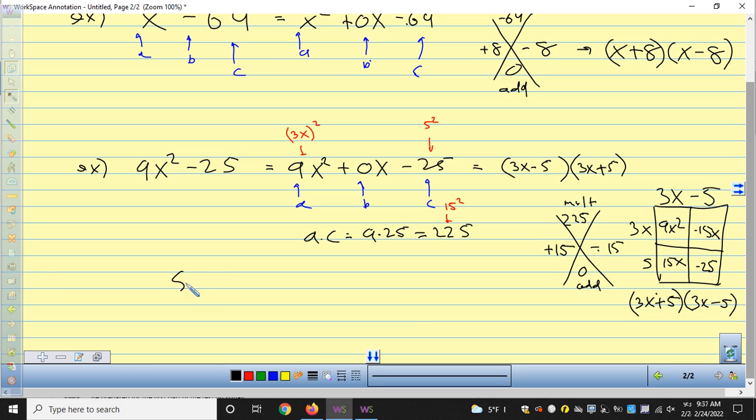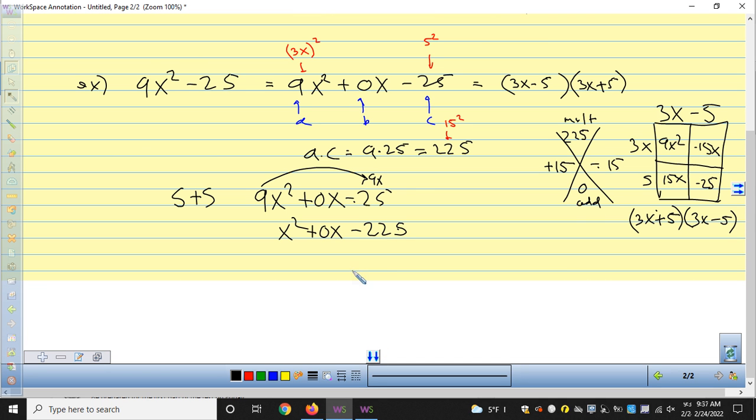And if we like to use slip and slide, I'll do that one. 9x squared plus 0x minus 25. I'm going to slip the 9 over there and multiply. So we get x squared plus 0x minus 225. And this should be a minus here, because this is minus.